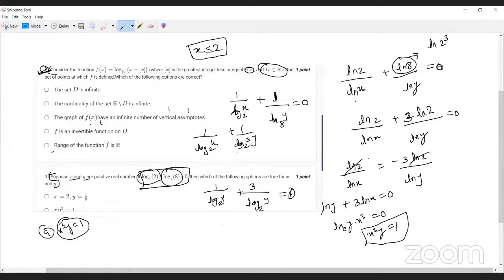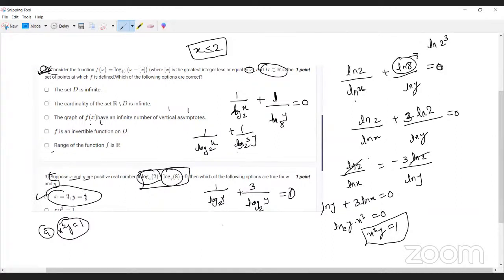Then what do we have to do? Then cross multiplication, like 3 log 2 y. Then we can go by the options, we can check by putting the options only. But how will I get this option?